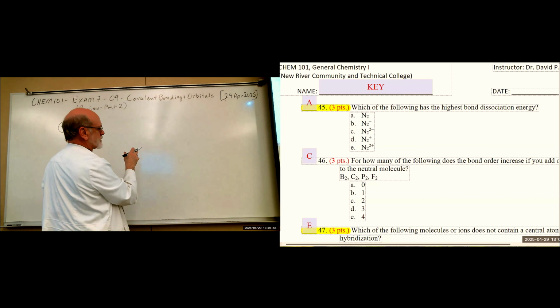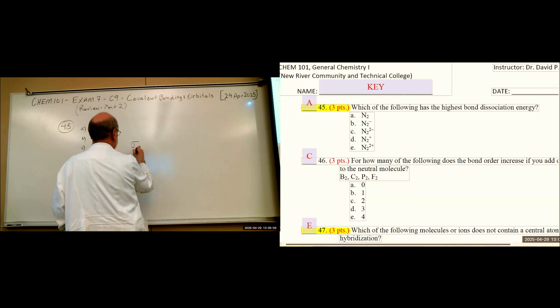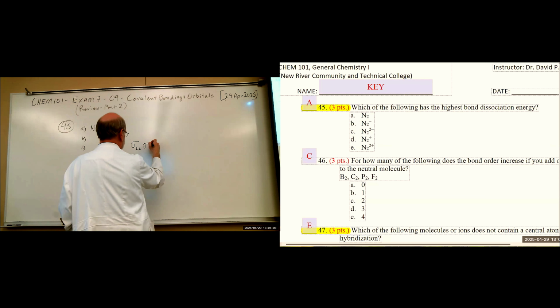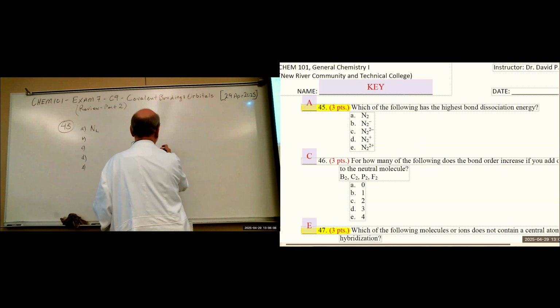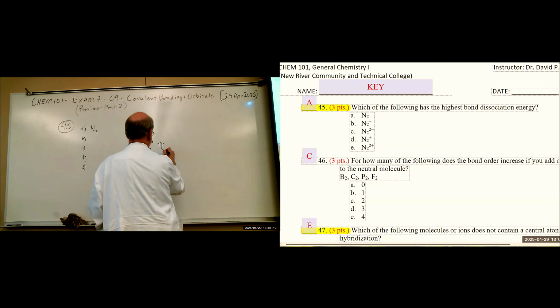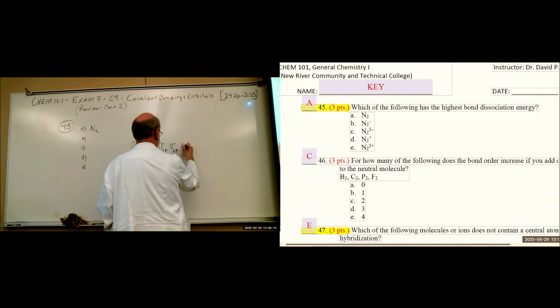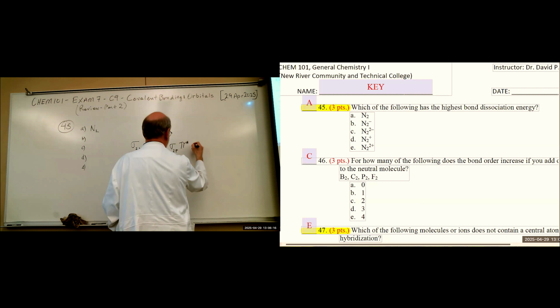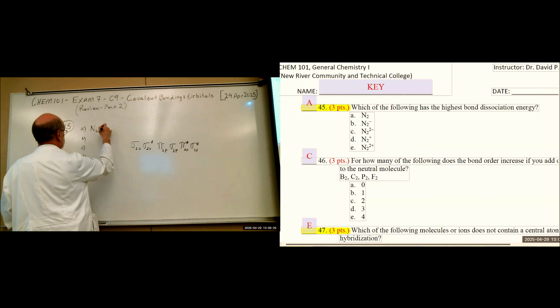They're all dinitrogens, so let's just draw one molecular orbital system out here. And this is mixing. And sigma star. Okay, so this one has 10 electrons, right?